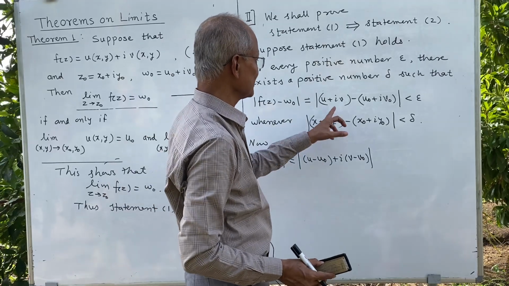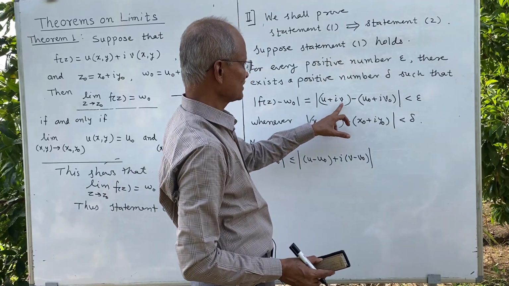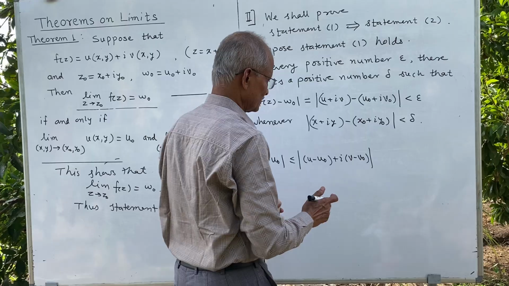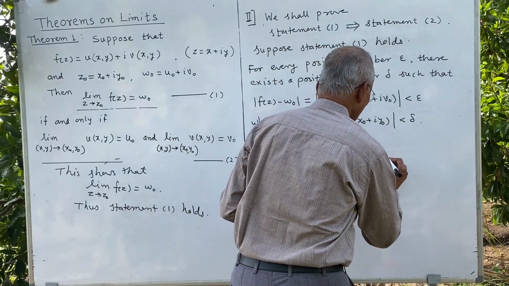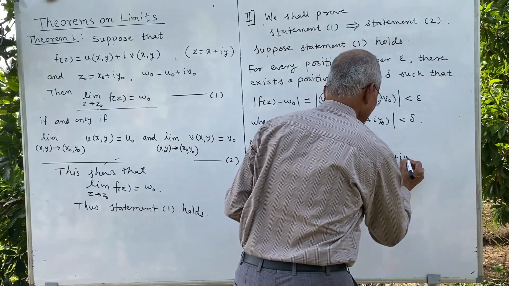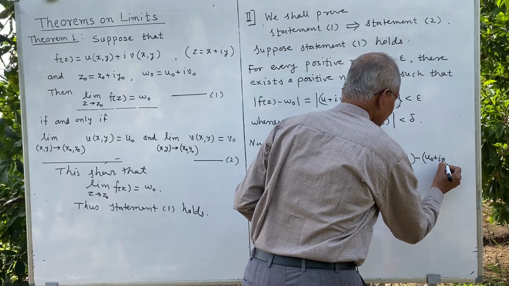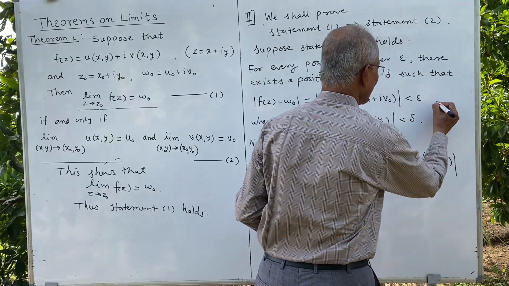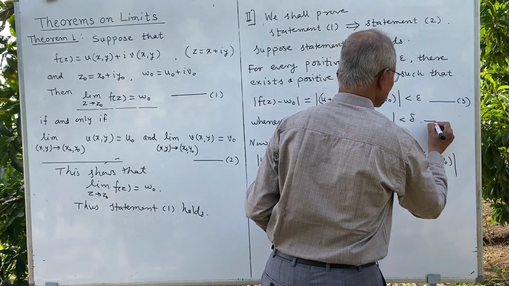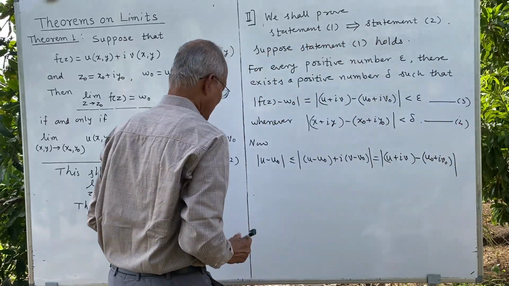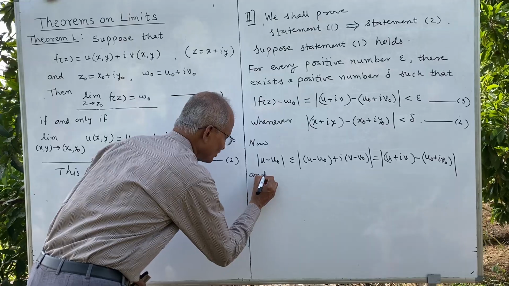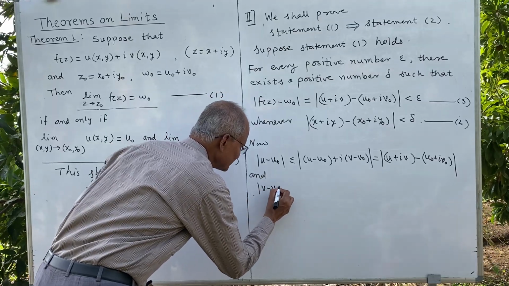But what is this? This is the same as mod of u plus iv minus u naught plus iv naught, and we will call this 3 and this 4. And what about the absolute value of v minus v naught?